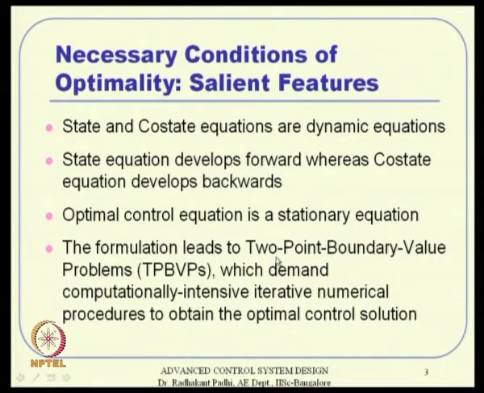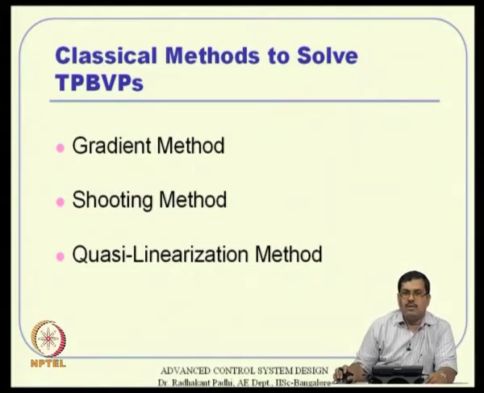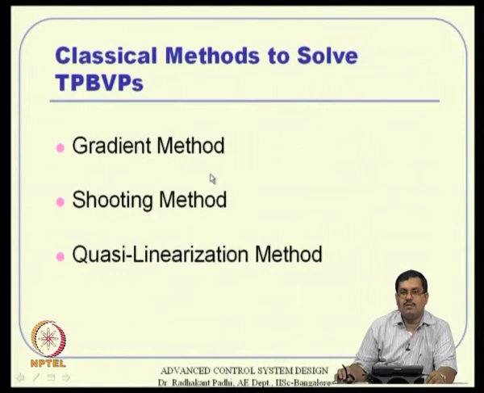In this lecture we will study three classical methods. These are very heavily used in many industries, especially the aerospace industry, and each has its own advantages and drawbacks. We will not talk too much on those aspects. We will see how to use these methods in practical problems, what the methods and procedures are.